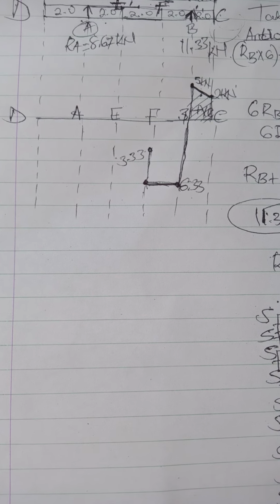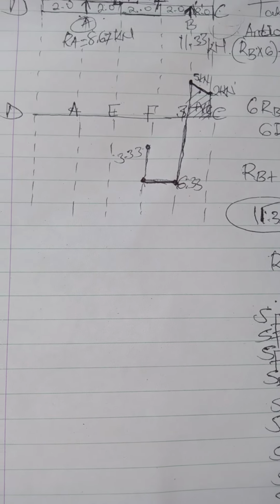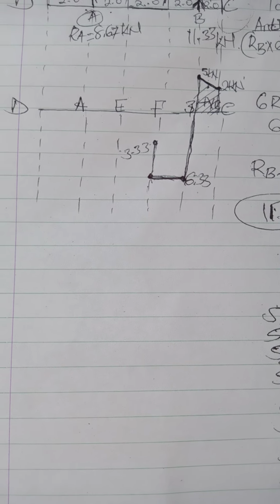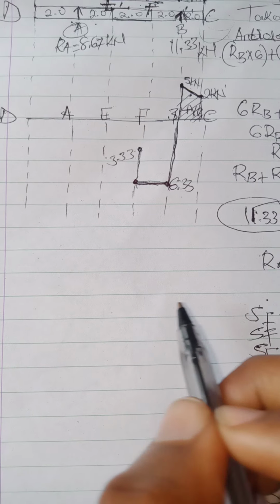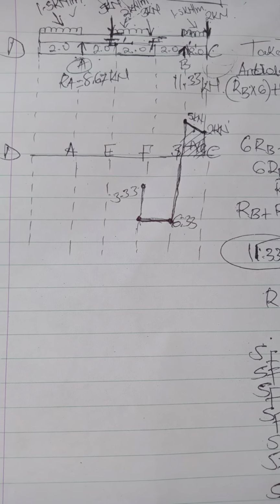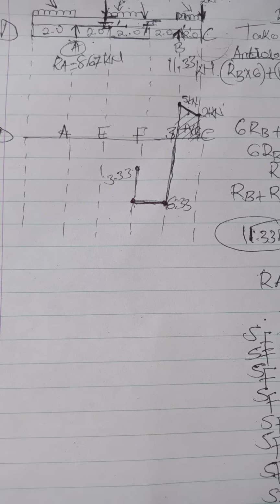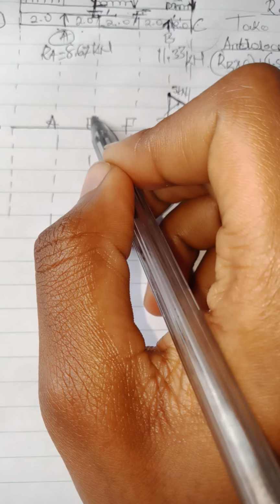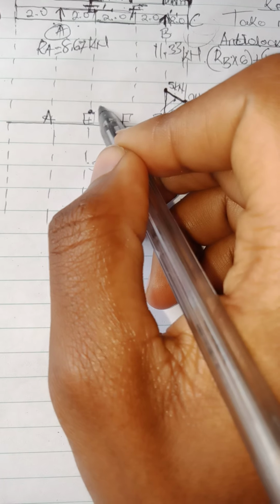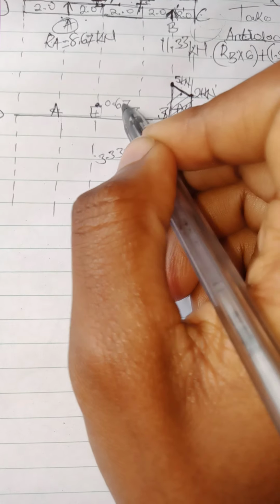Then the shear force before E. Before E it's 0.67, a point here, 0.67.